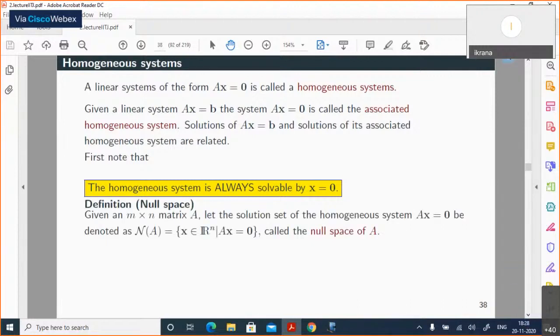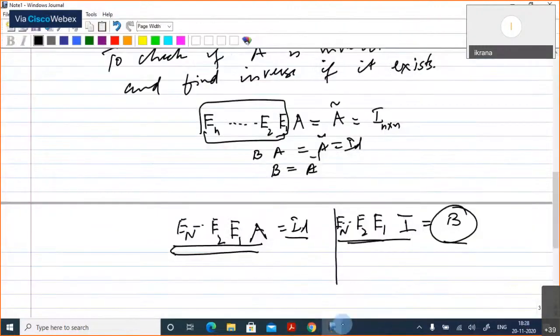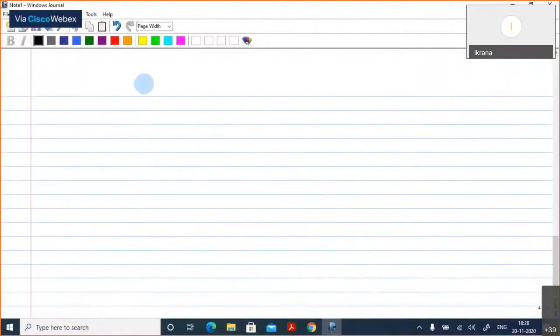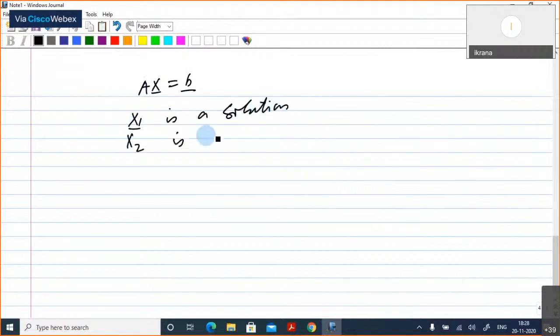So if you have a system Ax equal to b, and let us say x1 is a solution, x2 is another solution.